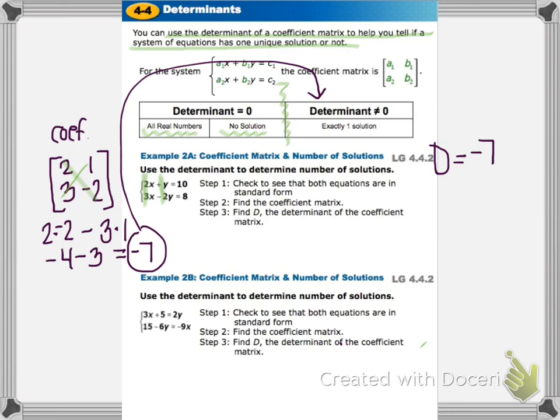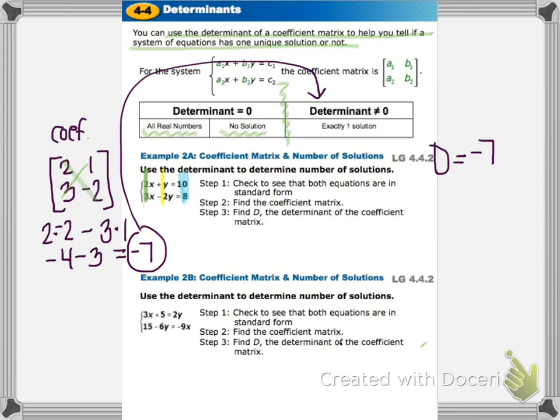Now, we can actually solve the system by using this along with two other related determinants that come from the coefficients in what's called a solution matrix. We started with the coefficient matrix, and its determinant was negative 7.